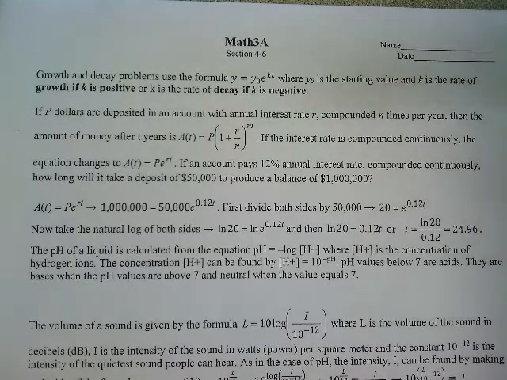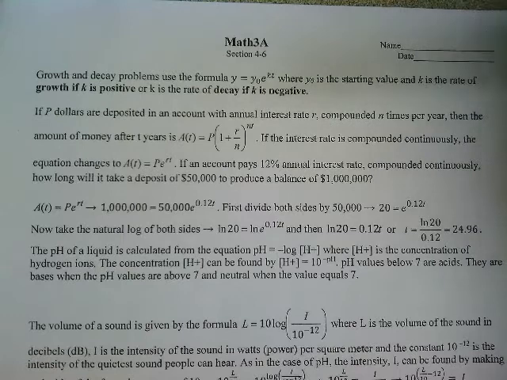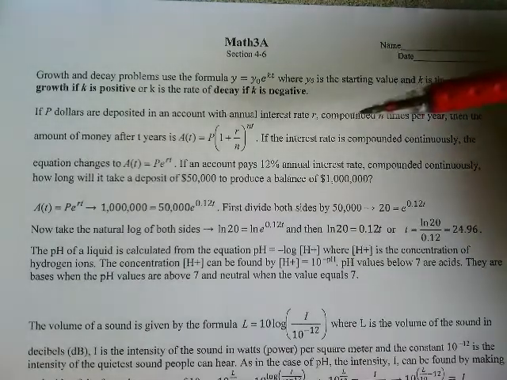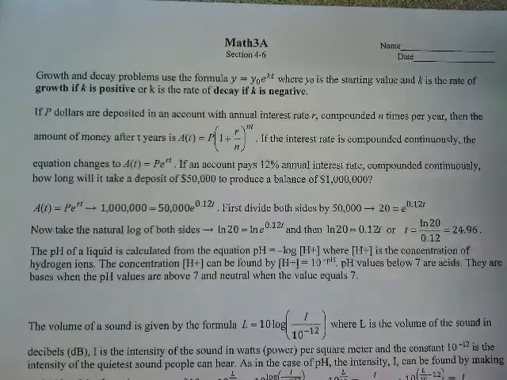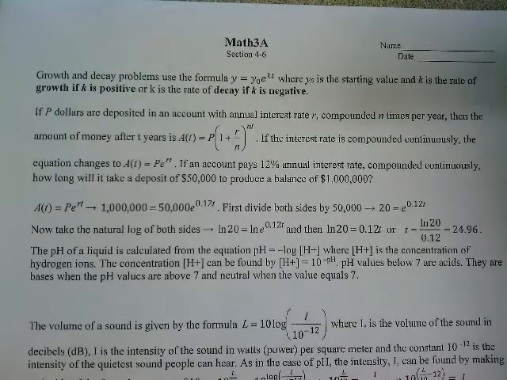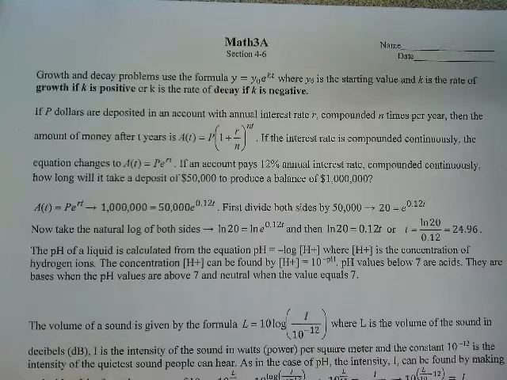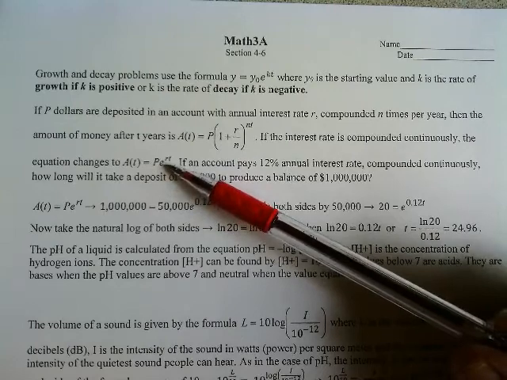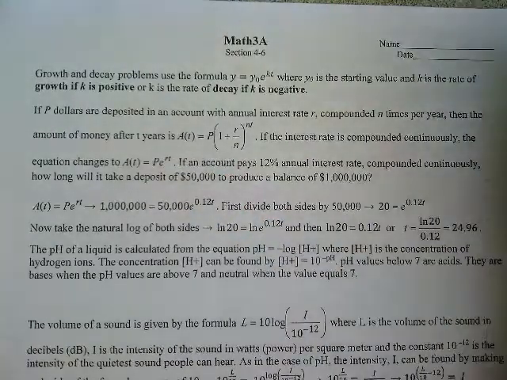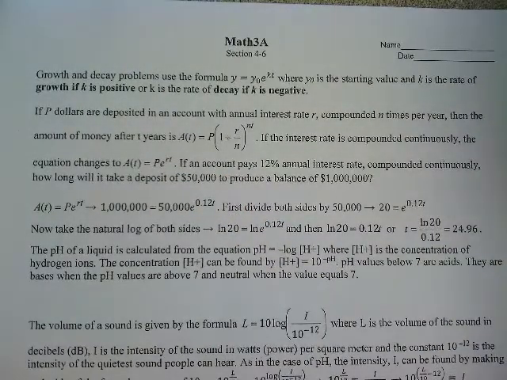Also, we have the formula for interest rate that we have seen before. P, the principal you put in, R, the rate, N, how many times it's compounded per year, and T, the number of years. However, if that interest rate is compounded continuously, then the formula changes to P times e to the RT, so we use the exponential function there.